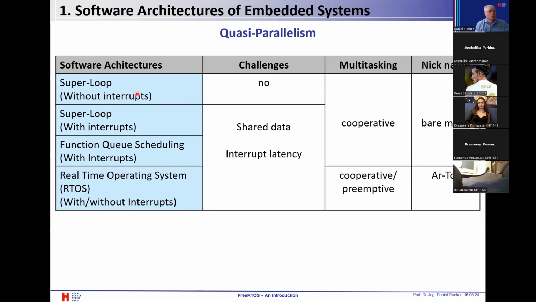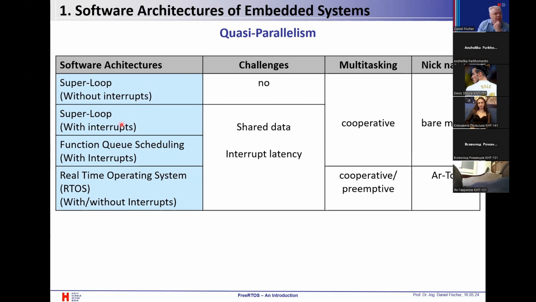Maybe some of you know the first architecture. It's called a super loop without interrupts. I added this without interrupts. This is an architecture which is mostly used in the field of the Arduino. Often you can find this architecture there. The next architectures are more and more complex.